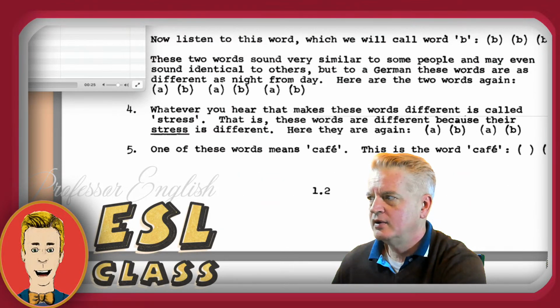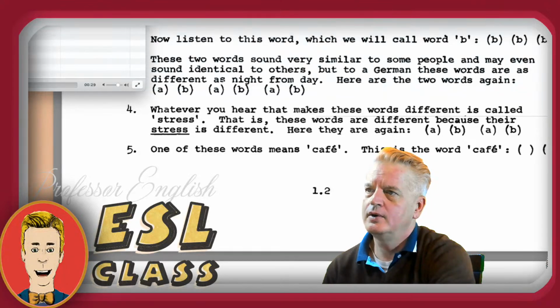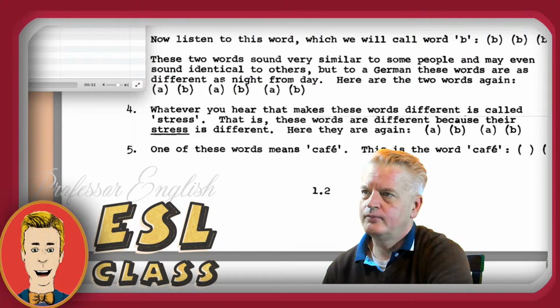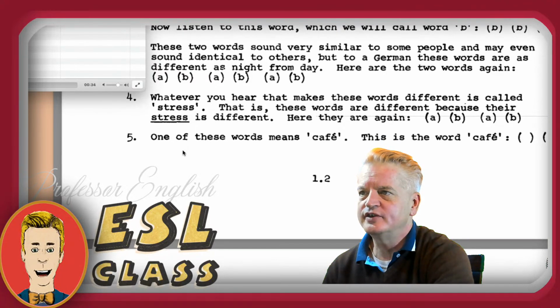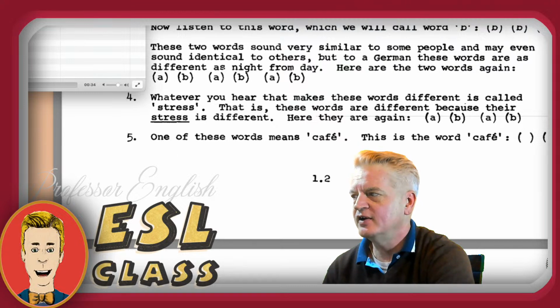Coffee, coffee. 4. What you hear that makes these words different is called stress. That is, these words are different because their stress is different. Here they are again. Coffee, coffee.